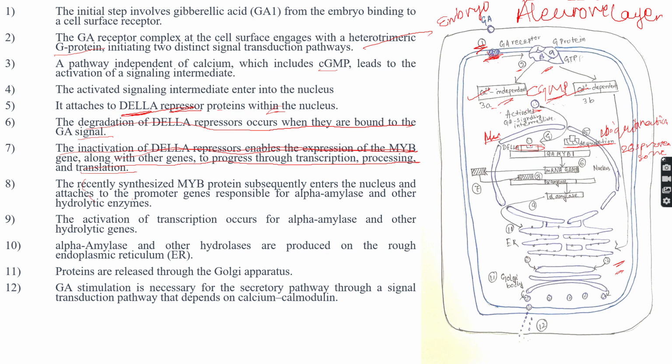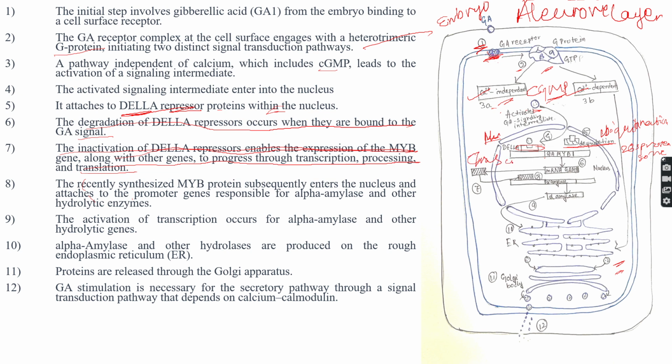Now this signaling intermediate will attach to the promoter region of the GAMYB gene, and it will synthesize the mRNA of GAMYB. That mRNA will come to the cytoplasm and be converted into the transcription factor.